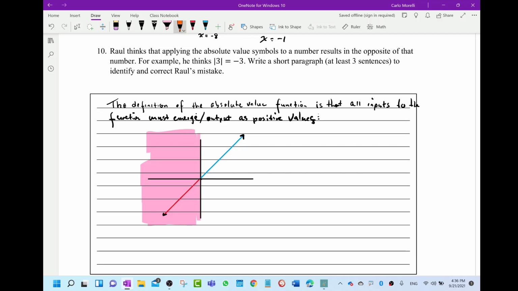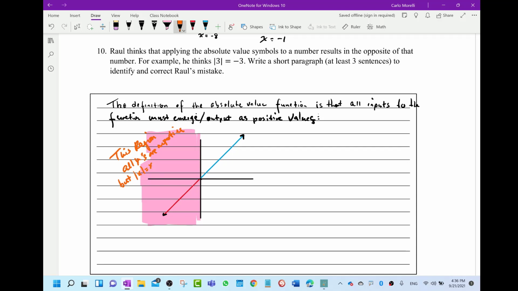In this region, all x's are negative. You say, well, they can't be negative. The definition is the absolute value of x equals positive x. So what you have to do is flip it.